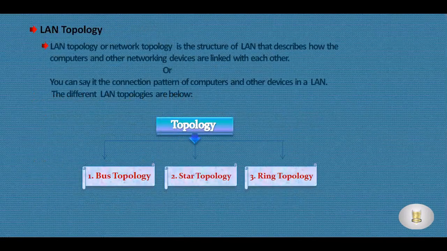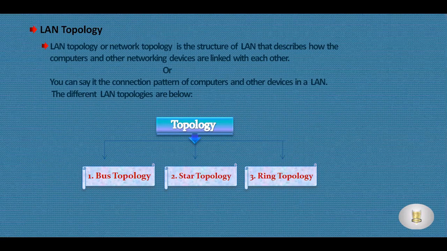Now in this section, we will discuss the LAN topology. LAN topology or network topology is the structure of a LAN that describes how the computers and other networking devices are linked with each other in a network.